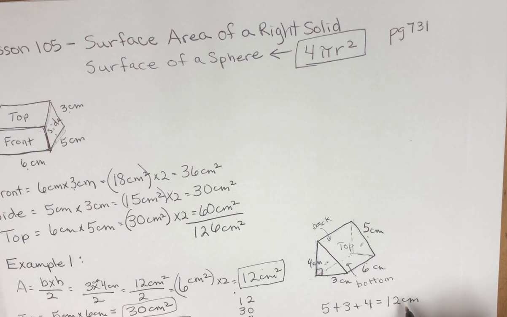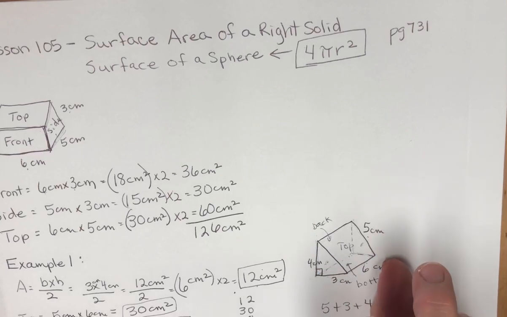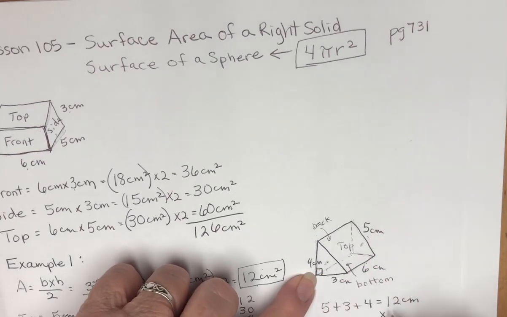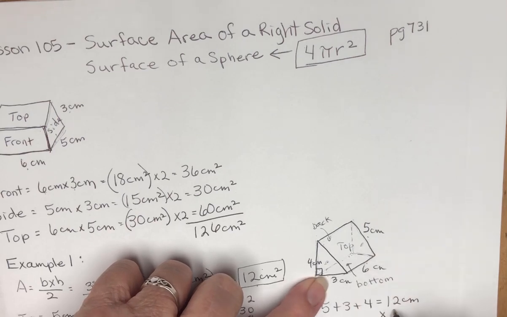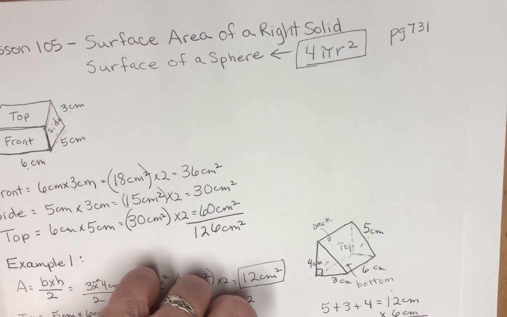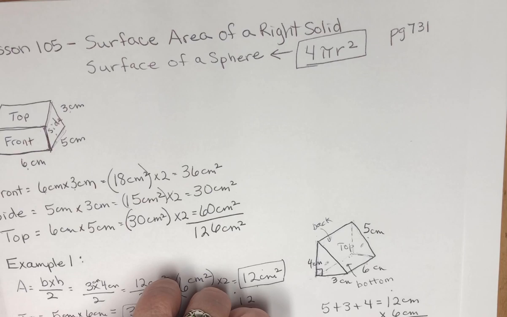And then you're going to multiply it times the height, which is, if we took this and set it this direction, so we set it on its triangular end, the height would be 6 centimeters. 6 times 12 is 72 centimeters. Okay, so now we've got 72 centimeters, which is the lateral side.